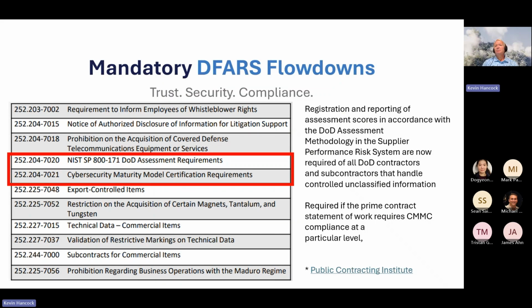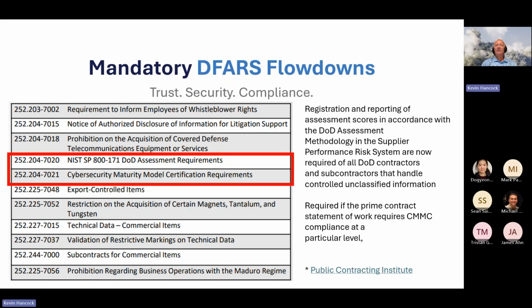The reason this is important is that in your contract agreements that you have today, now if you've got contracts direct with the Department of Defense, these regulations you see along the left, these DFARS clauses, Defense Federal Acquisition Regulations clauses, are part of your overall contract.